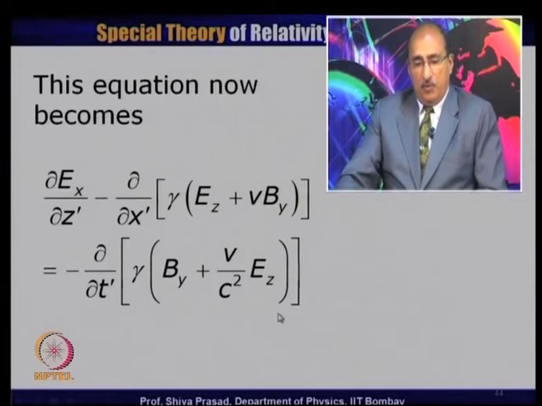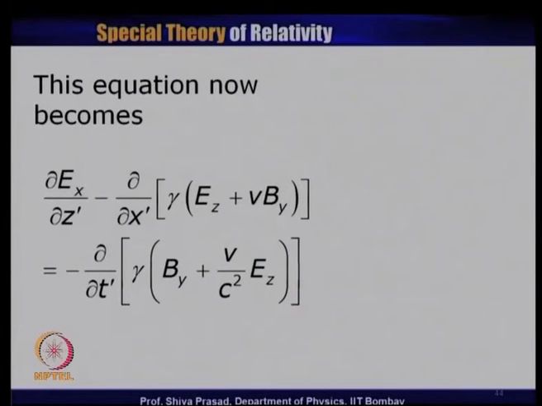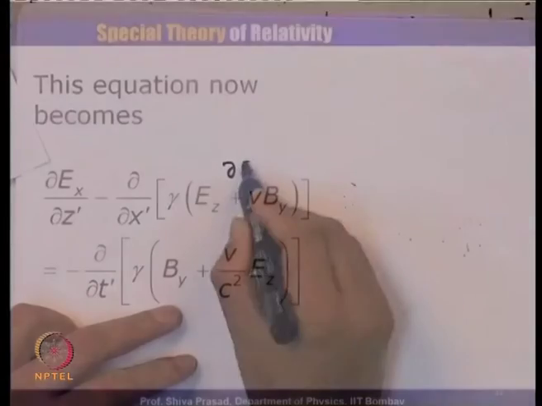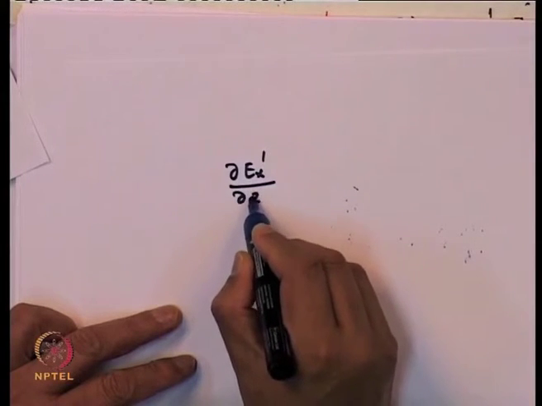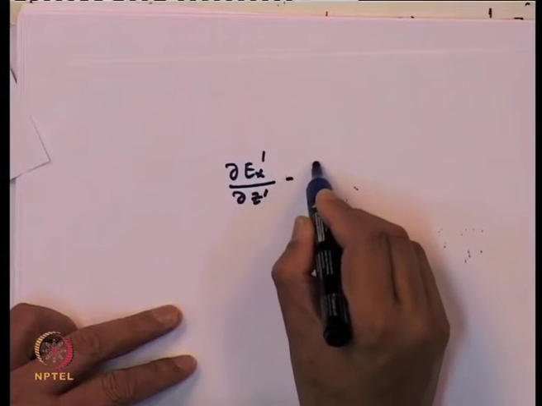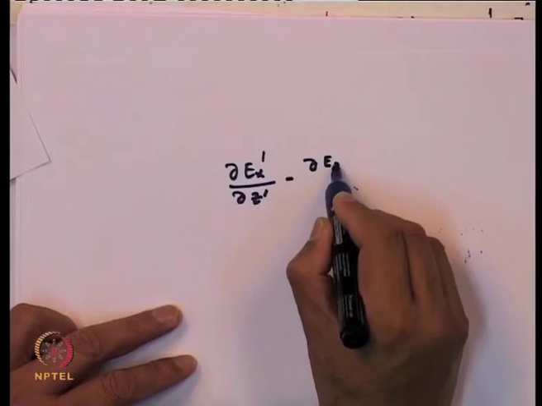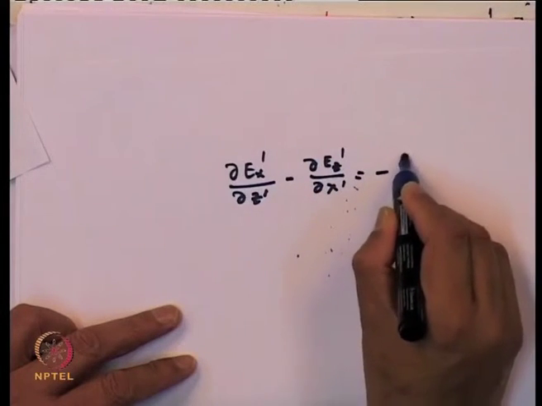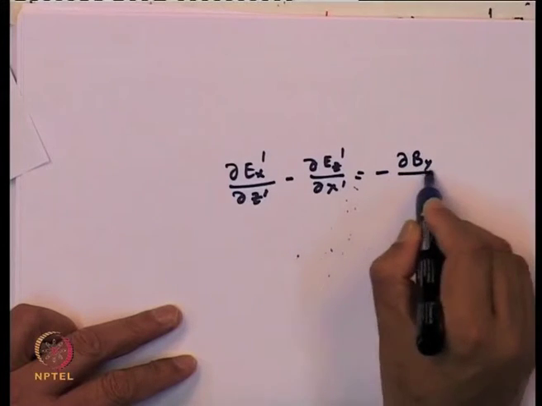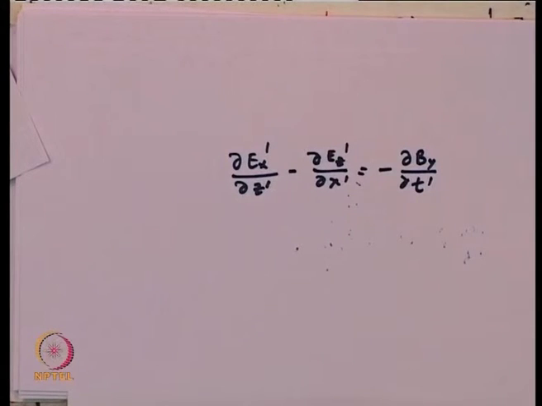This is interesting, because normally if a similar equation has to be obeyed in the S prime frame of reference, I expect del Ex prime is equal to del Z prime minus del... this is an equation which I expect to be true, because this is exactly the same equation.